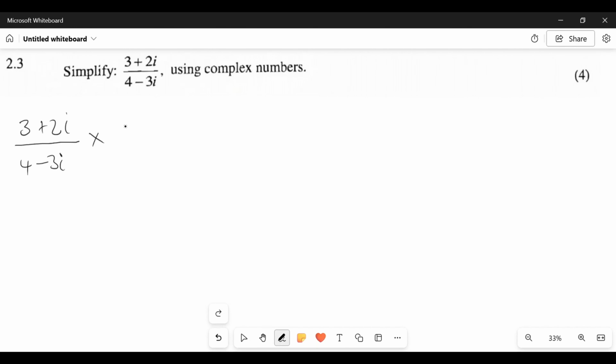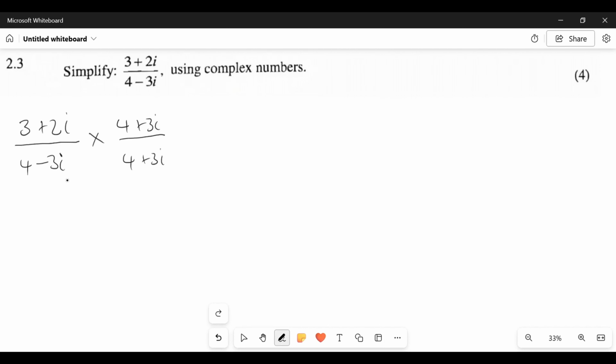So the conjugate is going to be 4 plus 3i divided by 4 plus 3i. There we go. So this on its own is also 1. Guys, the conjugate of the complex numbers in a rectangular form, you just change the sign of the imaginary number. As you can see, it was minus 3, but this time it's positive 3. And then you leave the real number as it is.